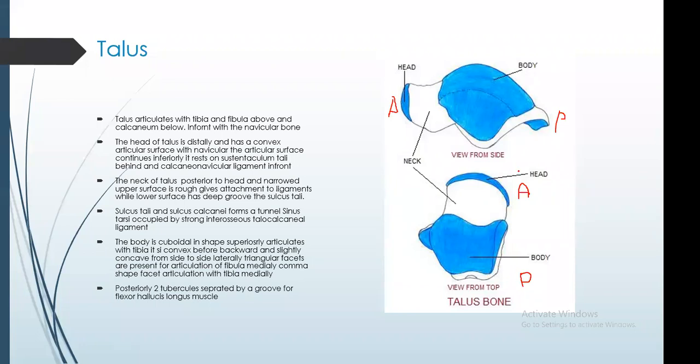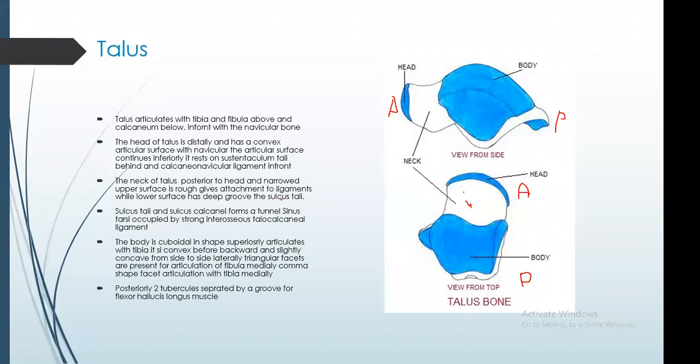So the head of the talus is distally and has a convex articular surface with the navicular. The articular surface continues inferiorly. It rests on the sustentaculum tali behind and the calcaneonavicular ligament in front. The neck of the talus is posterior to the head, this area, and is narrowed.